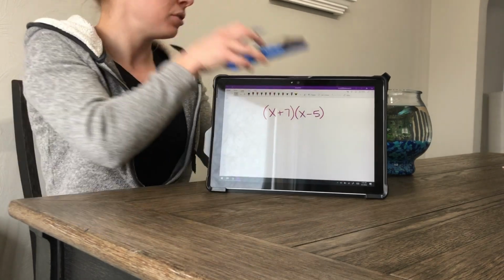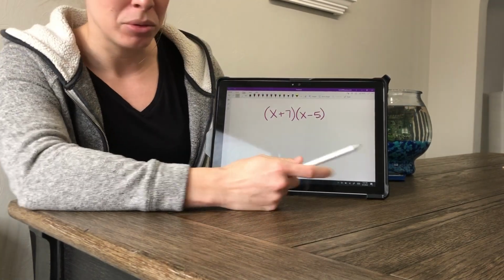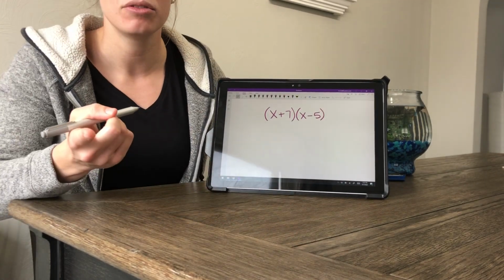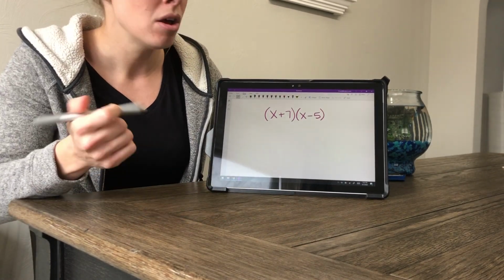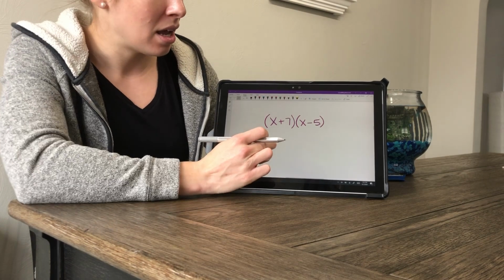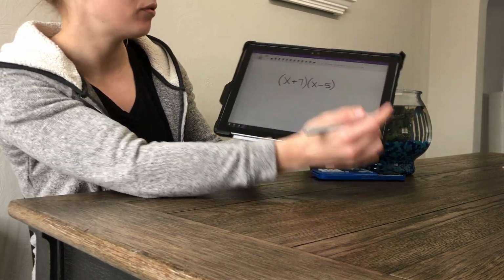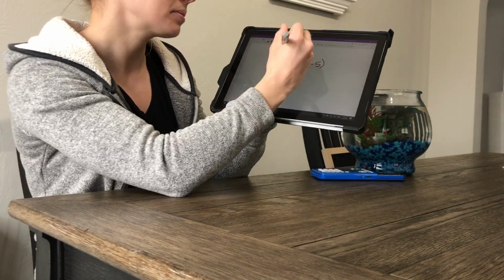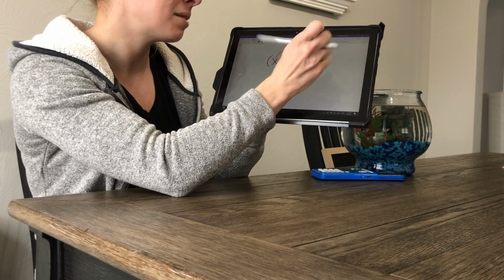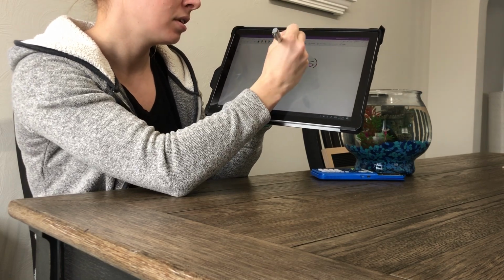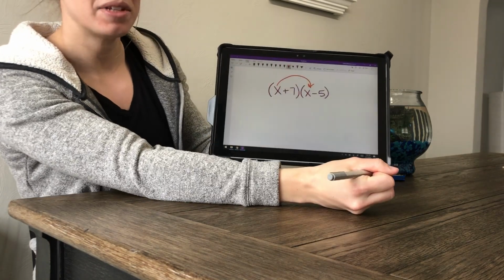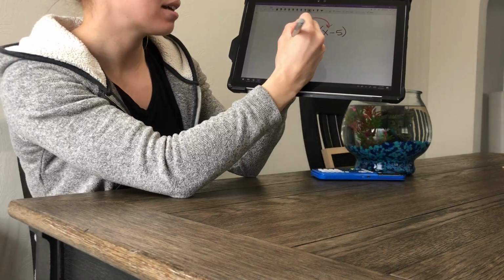So when you multiply your two binomial bubbles, you could either FOIL, use the first, outer, inner, last method, or you could use that box method, and I will use the FOIL method for this one. So first times first, x times x gives you x squared.